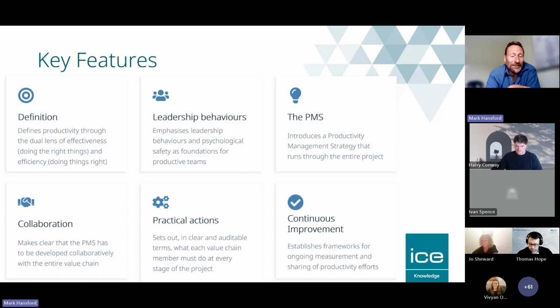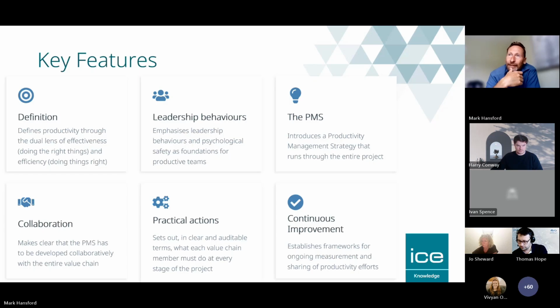Effectiveness is about consistently doing the right things: selecting the right projects, making the right design choices, choosing the right delivery models, and choosing the right teams. And then efficiency is about, when you decide what you're going to do, doing things right. So that is things like minimizing waste of materials, waste of effort, waste of energy, waste of carbon emissions, poor land use, and damage to ecosystems.